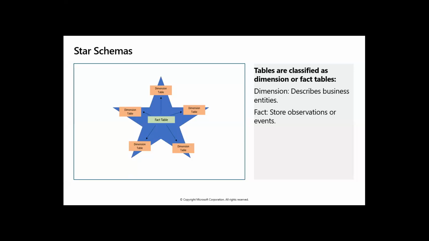Star schema overview: star schema requires modelers to classify their model tables as either dimensions or facts. When you are modeling your data, it's you that will say this is a fact table, these are dimension tables, based on the knowledge you will gather in this class.